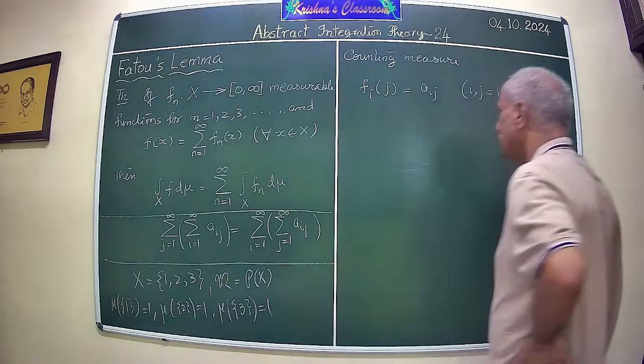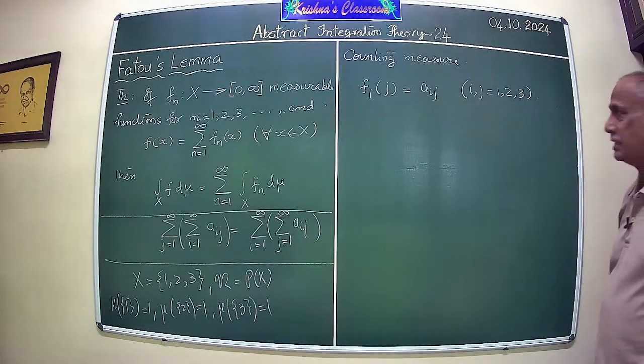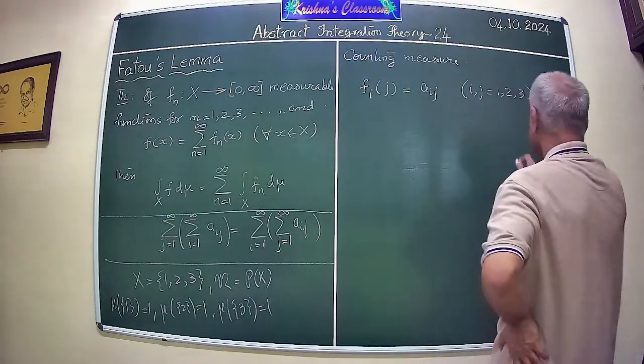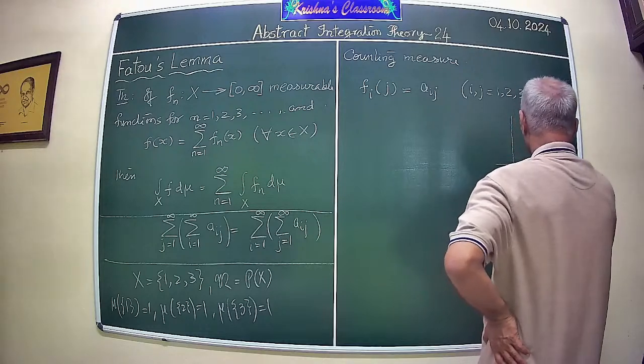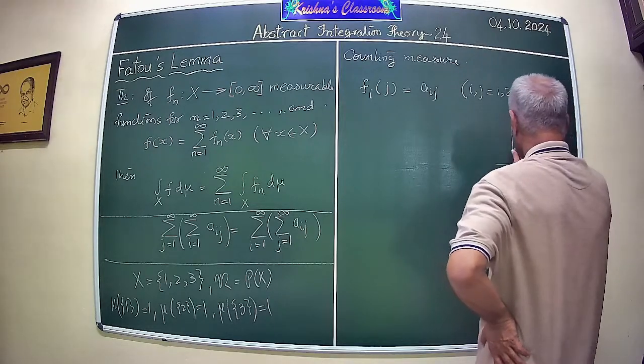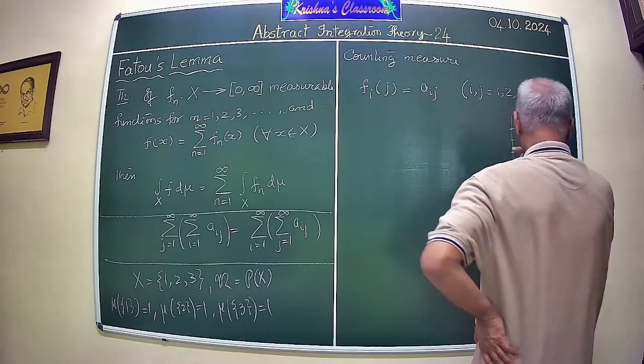So three functions are there and each Fi takes a value, so it's essentially this one, 3 by 3.